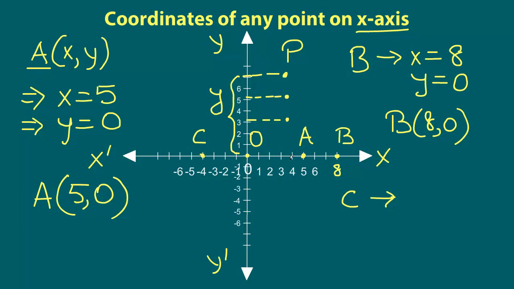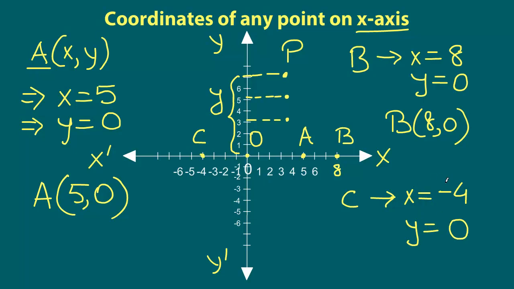OX is the positive direction of the x-axis and OX dash is the negative direction. Anything on the left of O along the x-axis is negative. So this is 4 units away, 1, 2, 3, 4. So we say the x coordinate for C is minus 4. And what about the y coordinate? Again, the y coordinate will be 0.